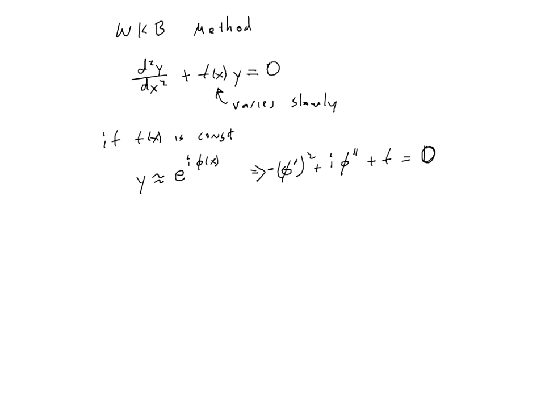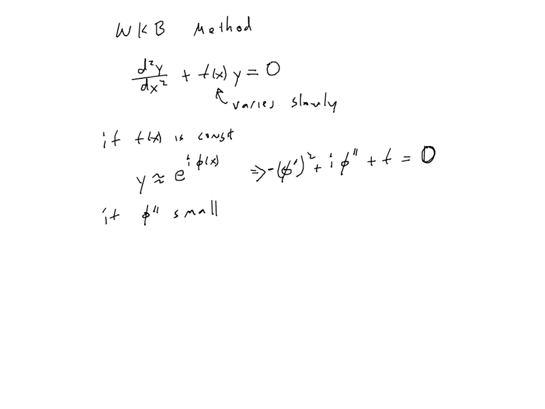So in doing that, this is something that approximately comes out. Then if you take phi double prime to be small, you don't have to worry about this term very much. Okay?